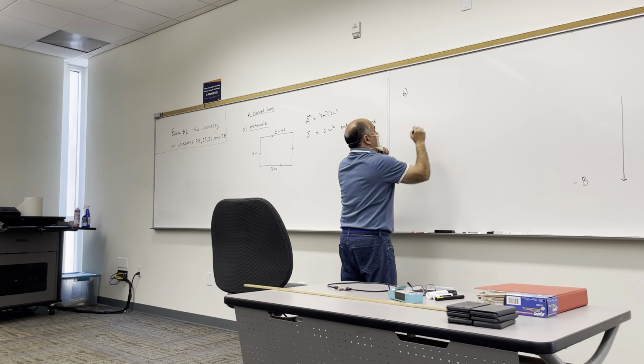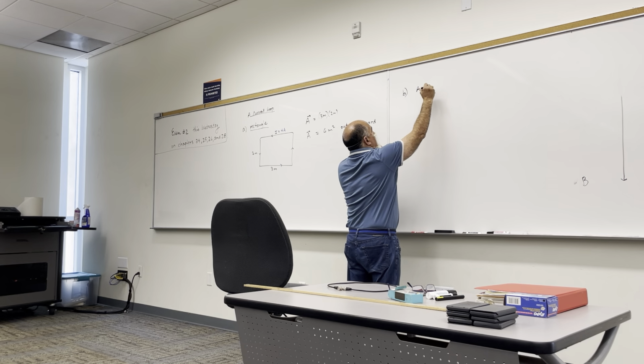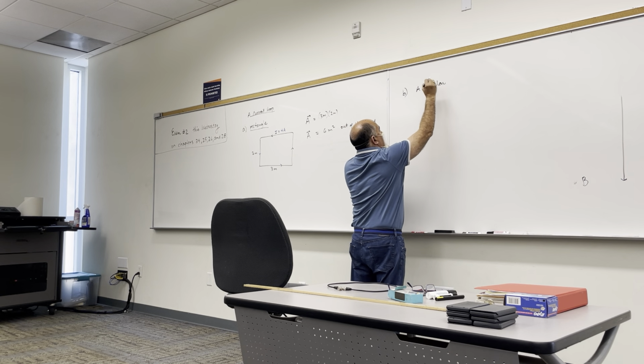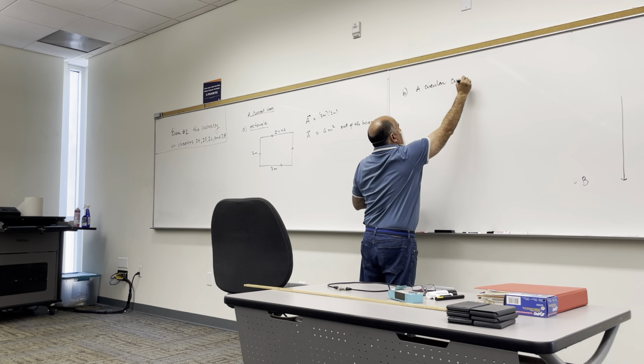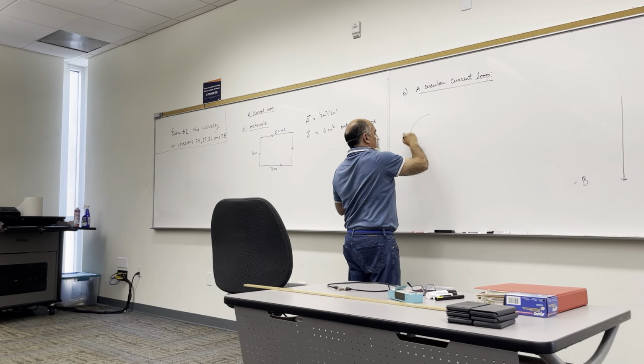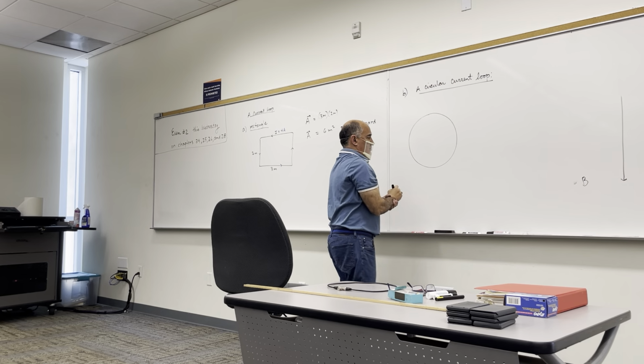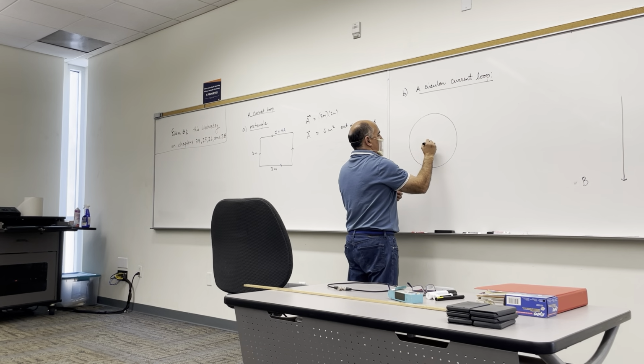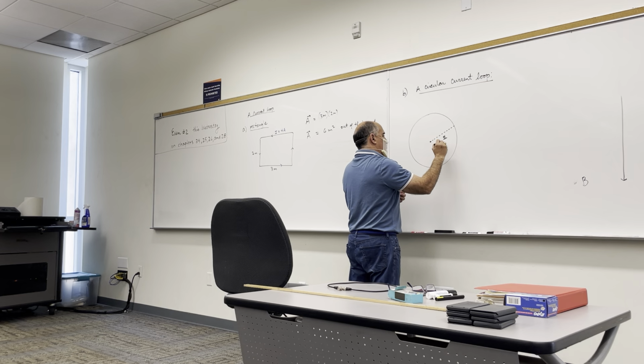I'll do number 2. What if we have a circular current loop? And suppose the radius of this is, I'm gonna pick a weird number. How about I make it 5 divided by the square root of pi meters.